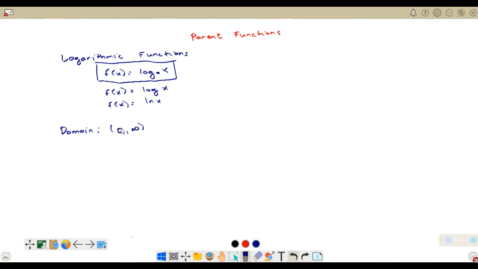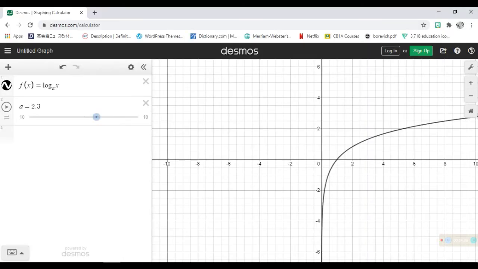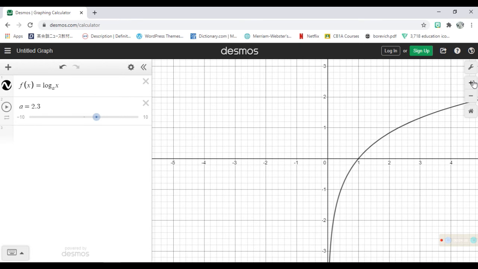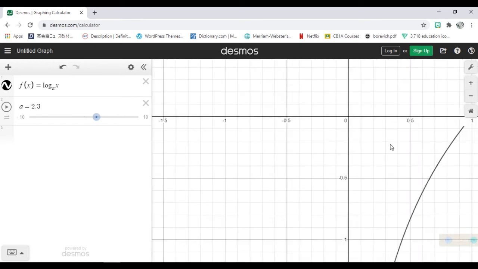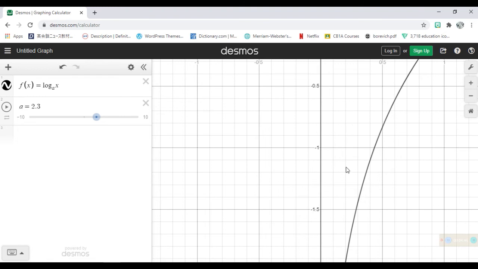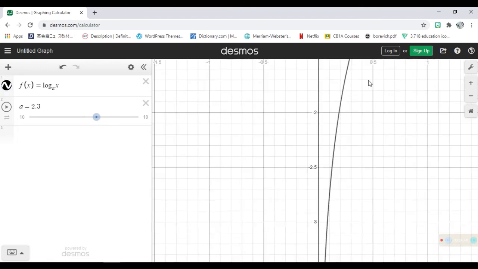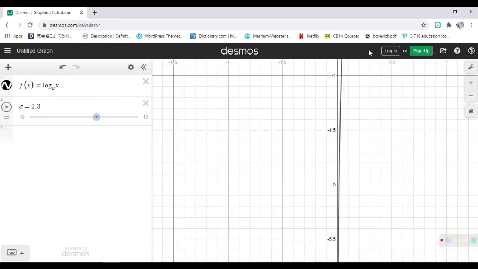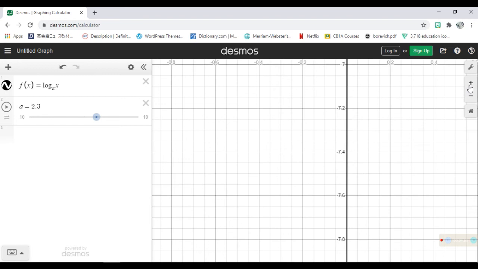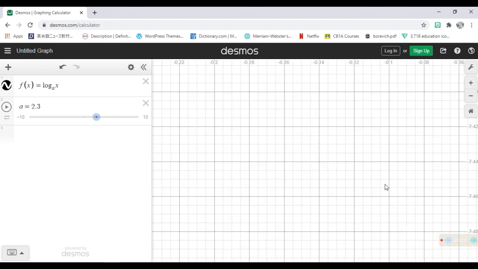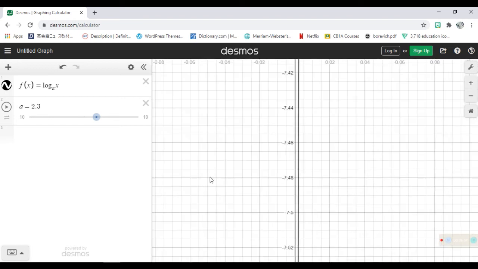Why open on 0? Let's take a closer look on our graph. Let's pan in and then scroll down. So you can see that it looks like it will approach 0, but actually it is asymptotic at x is equal to 0. It will never touch the y-axis. Okay?